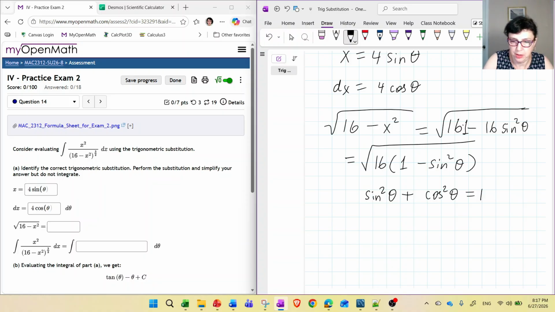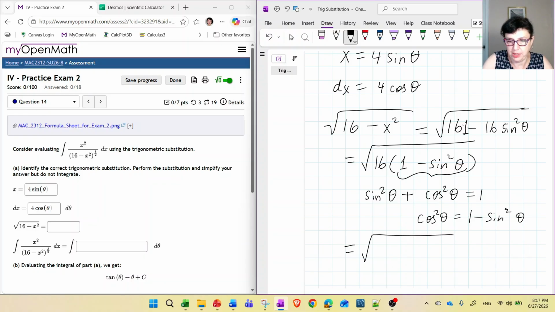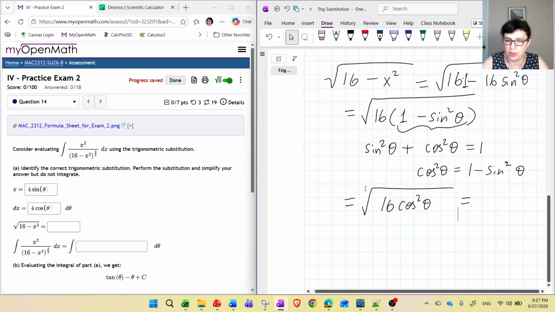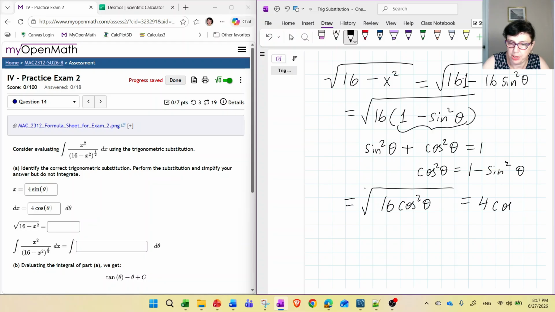And from here, if you solve this for cosine squared, you get cosine squared equals 1 minus sine squared, which is exactly what we see right here, right? So now we see that this is 16 cosine squared, and that is a perfect square, which is exactly what we want. And this is 4 cosine theta.